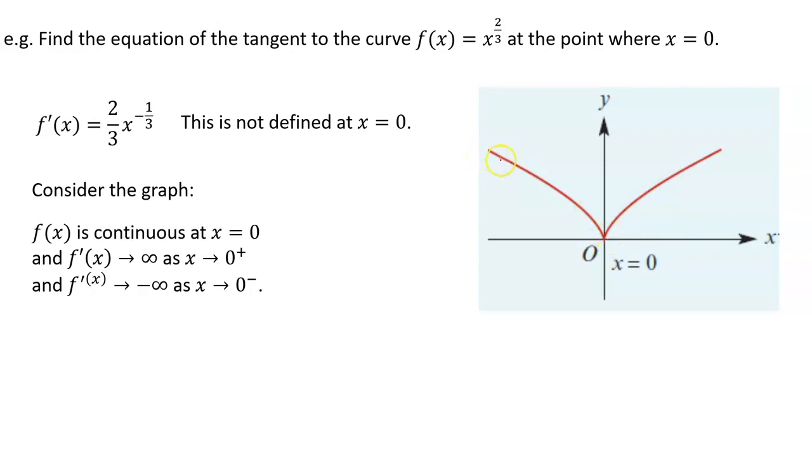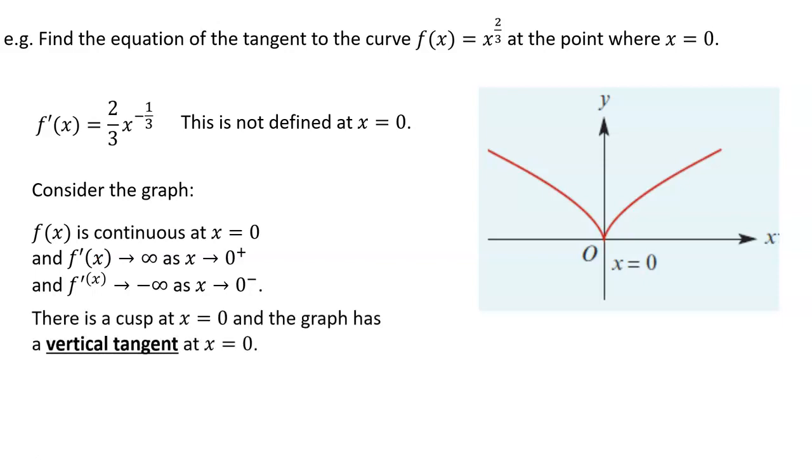Here, as x approaches 0 from the negative side, my gradient is getting steeper and steeper and steeper, but it's negative, and so it's tending towards negative infinity. Just noticed this x here should not be a part of the exponent, it should be just like this one above. So at this point, at the cusp of the graph where x equals 0, this graph has a vertical tangent and its equation is x equals 0 as well.